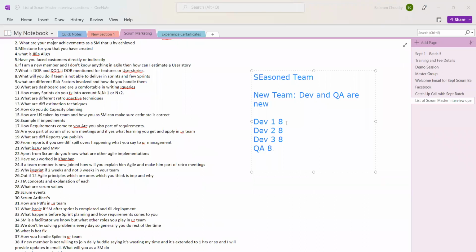So what is the total capacity? 32, right? Now, instead of 32, you're going to plan for 16 story points of work. You will not plan for 32 because this is 100%. You just want to plan the work up to 50% of the team's capacity because it is a new team.